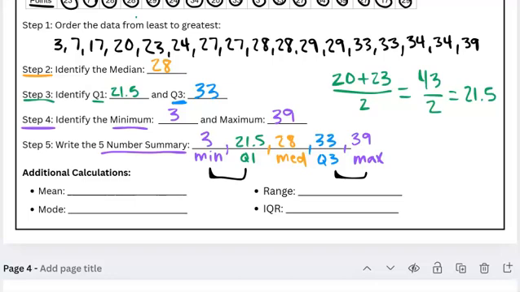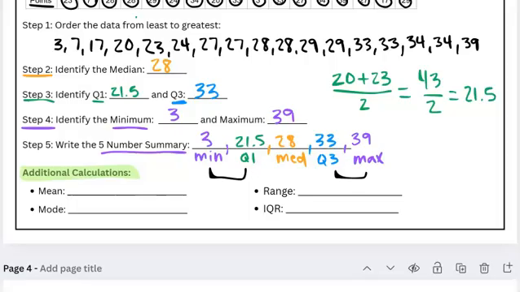All right, and then we're going to do some additional calculations, other beneficial calculations that can help us explore data. The first one is the mean. Mean is mathematical for the average. That might be a term that you've heard before.